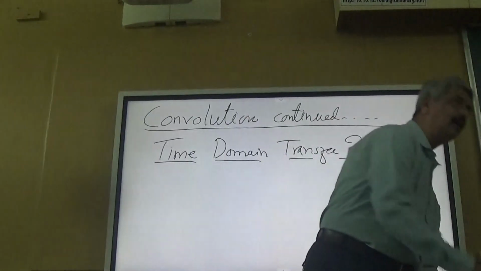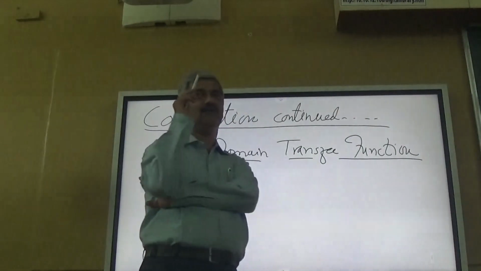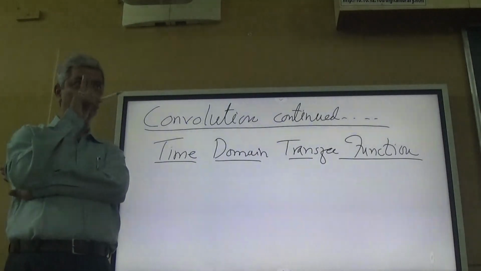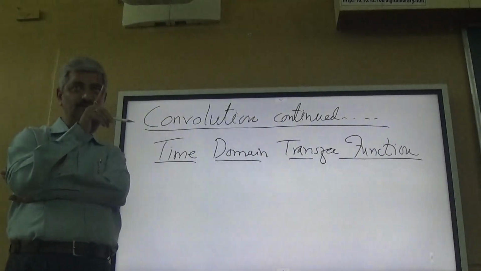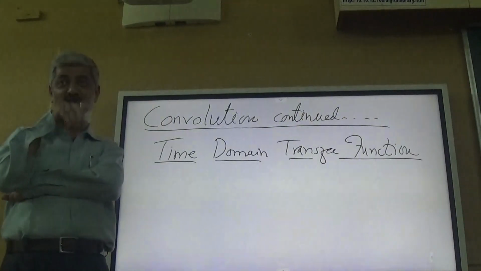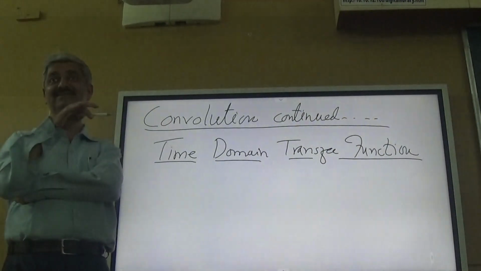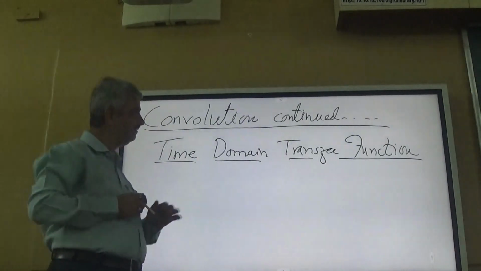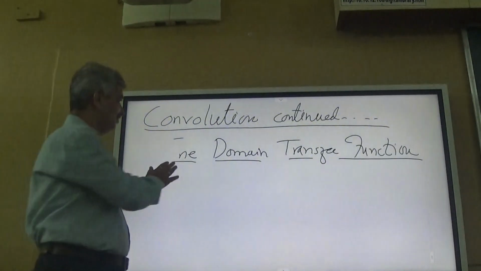So in mathematics, have you learned convolution integral? No. How can it be believed that you have not learned or you have forgotten? It is not that you are speaking a lie.